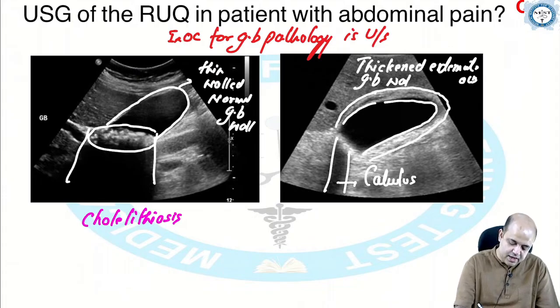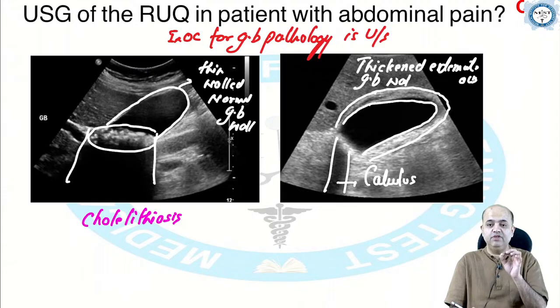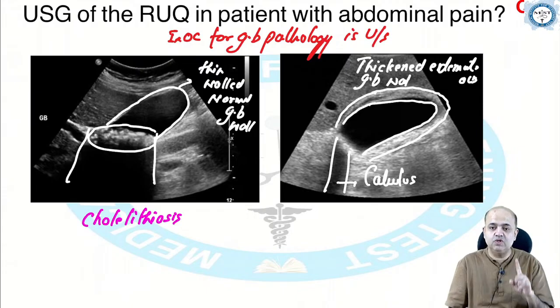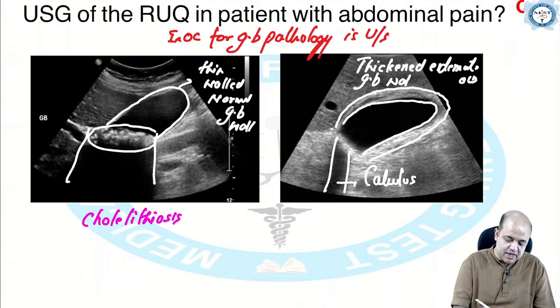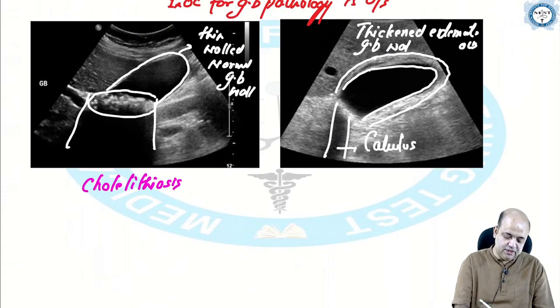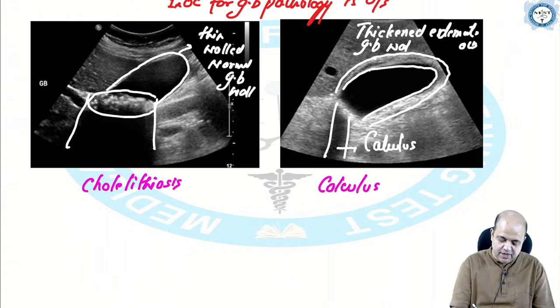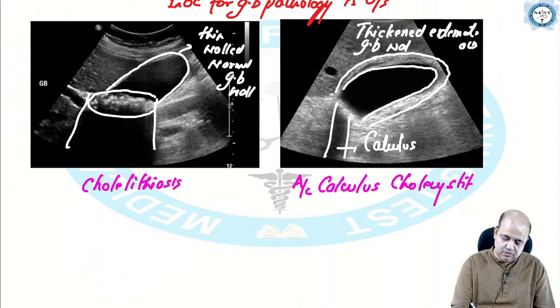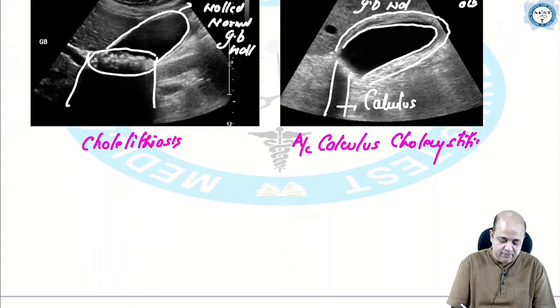This is entirely thickened. This is seen with the inflammation of the gallbladder. Inflammation of the gallbladder is cholecystitis. And why is this inflammation happening? Because of the gallstone. This is acute calculus cholecystitis.